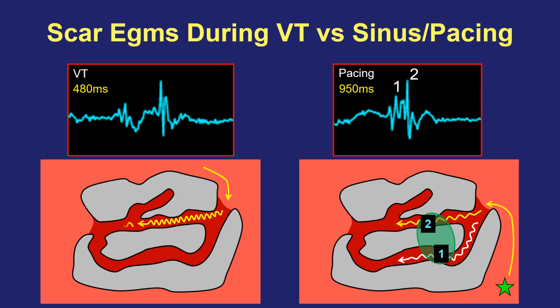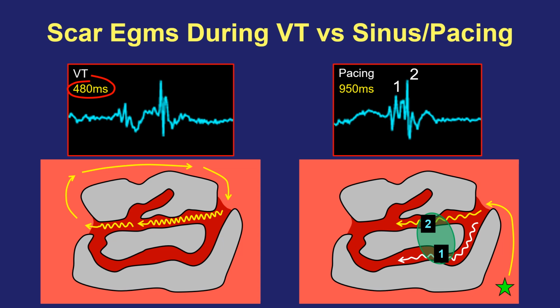So let's say now we have VT that's entering in exactly the same location, that entrance site on that end of the scar. But now we are actually going into the scar at a faster rate. And again, on that previous image, the VT that I showed was at 480 millisecond cycle length. So now we're entering the same place, but at a faster rate.